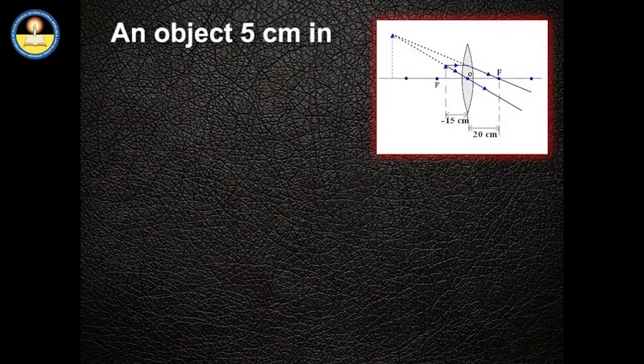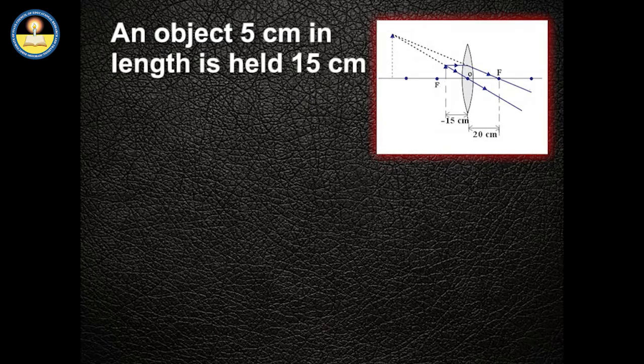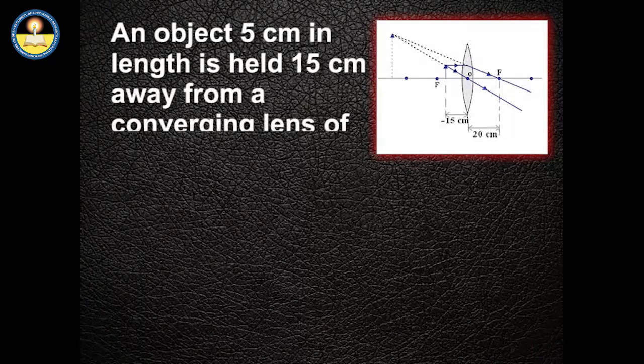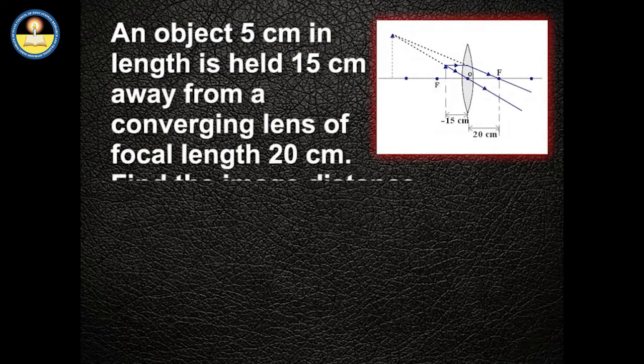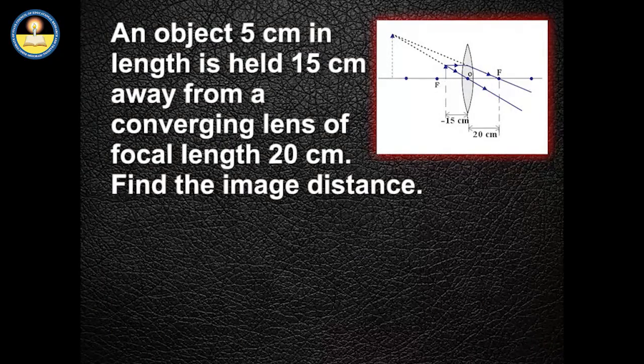An object 5 centimeters in length is held 15 centimeters away from a converging lens of focal length 20 centimeters. Find the image distance. Since a convex lens is a converging lens, its focal length is always positive, which is given as 20 centimeters.